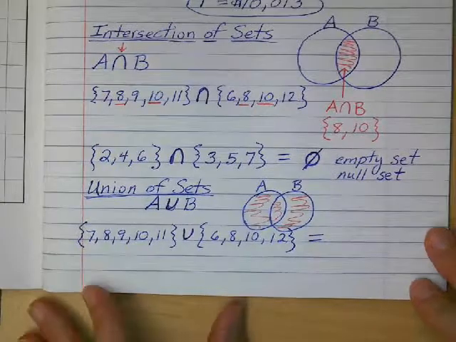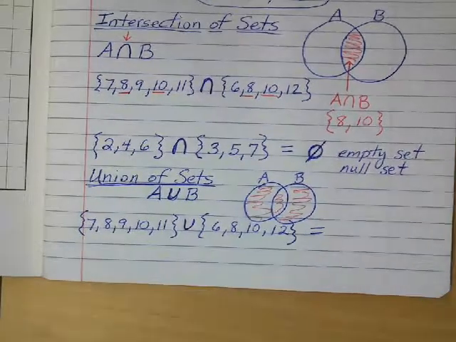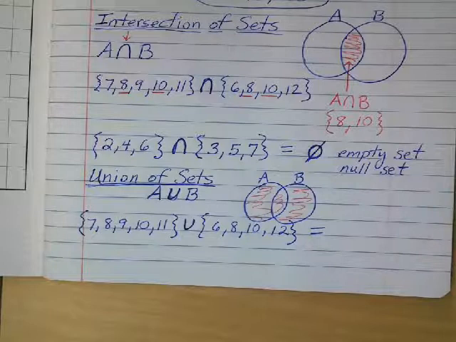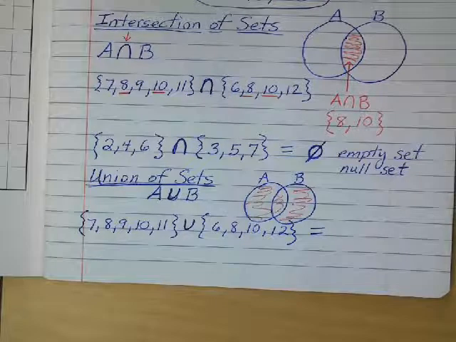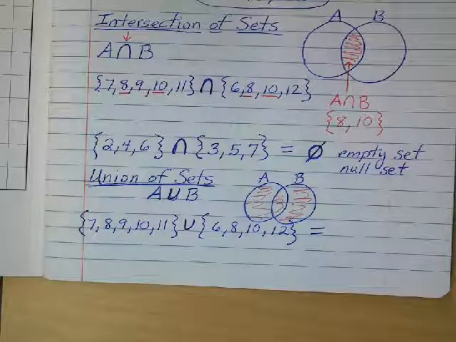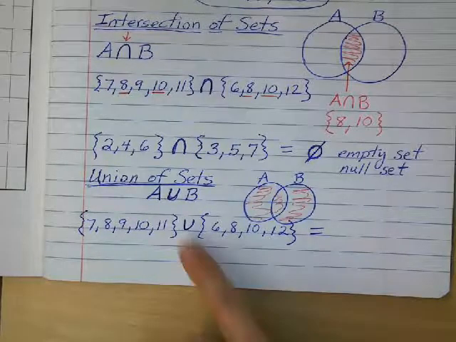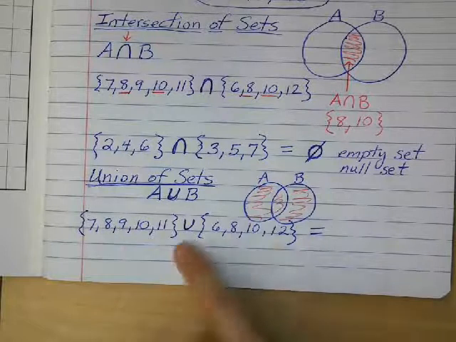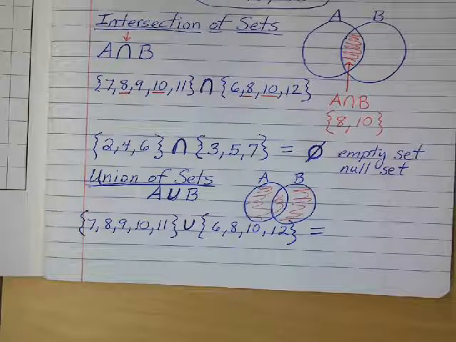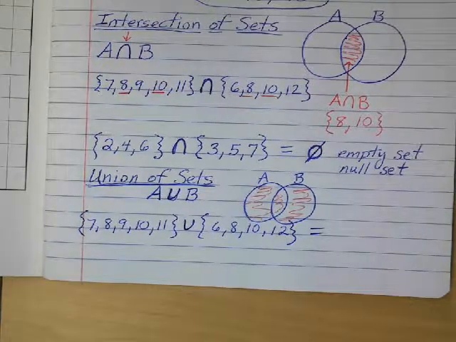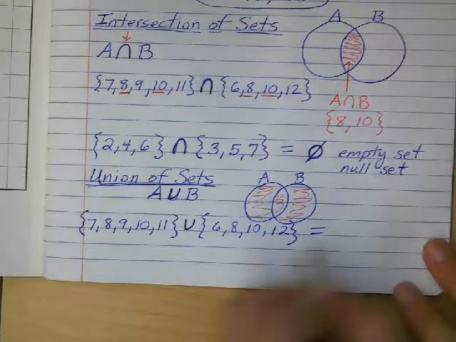What would we get? If they want you to do a union, do you know what the answer would be? Yep, everything. It'll be 6, 7, 8, 9, 10, 11, 12.